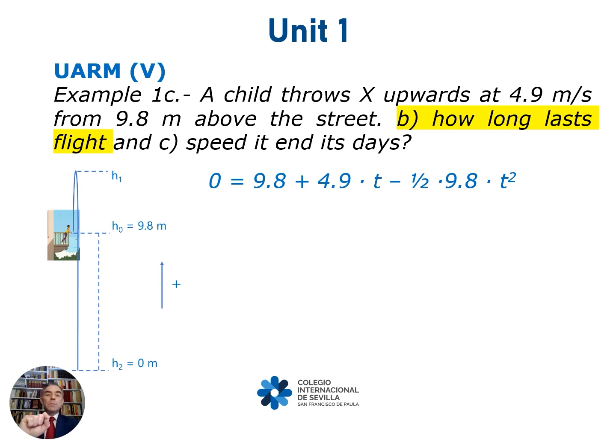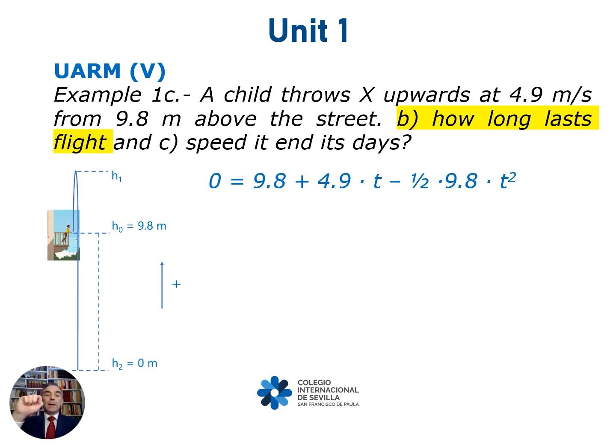The initial position is 9.8. The bird was thrown from the balcony 9.8 meters above the street, and we have considered positive ascents upwards. It was thrown at 4.9 meters per second upwards, positive again, and there's some time that passes by.